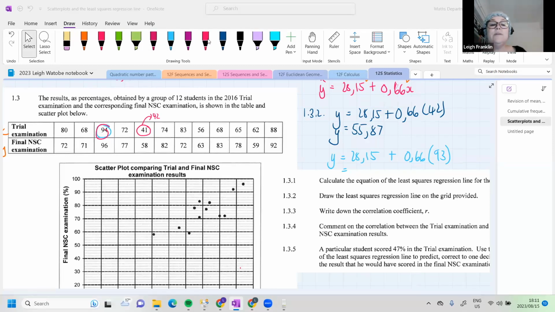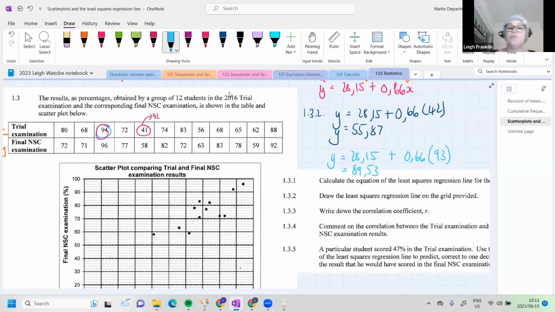Now what this is giving us are 2 points, because we need 2 points in order to be able to draw a straight line. The first point we're going to draw at 42 and 55.87. Our second point we're going to draw at 93 and 89.53. Let's just correct that. So now I'm going to plot those 2 points.